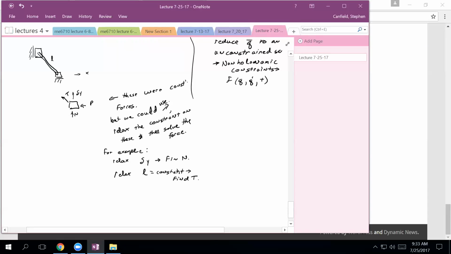So this is the idea. Let's look at this constraint here and see how that might work.